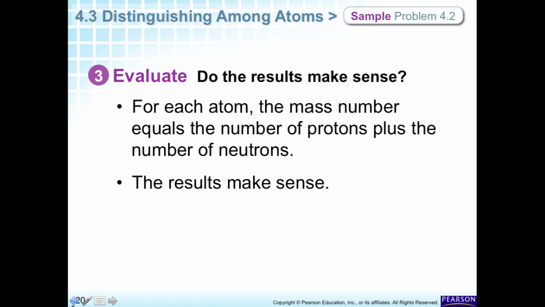So if we look at every atom, the mass number is equal to number of protons plus number of neutrons. And that makes sense because when we add up the neutrons and the protons, what do we get? We get our mass number.